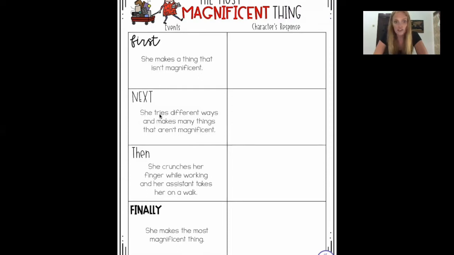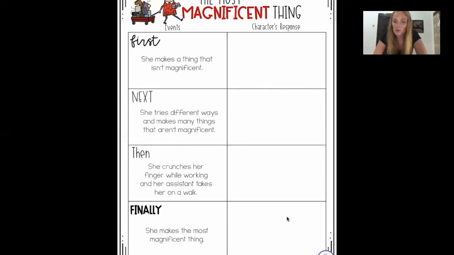Next, she tries different ways and makes many things that are not magnificent. Then she crunches her finger while working, and her assistant takes her on a walk. Finally, she makes the most magnificent thing.